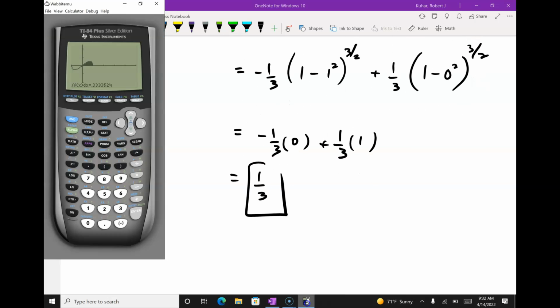It's a little weird that my calculator is not quite exact. Trying to think of what I possibly did.